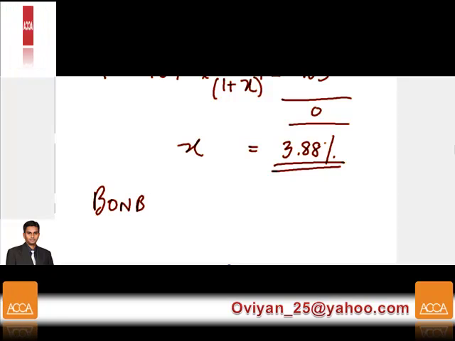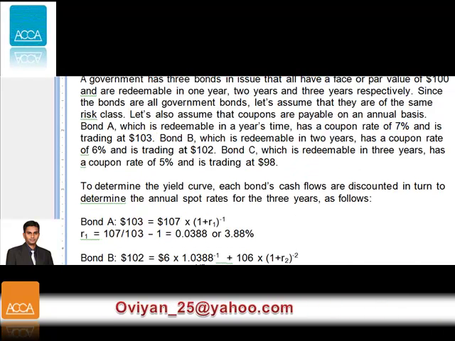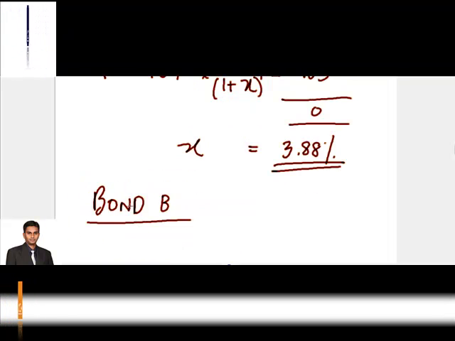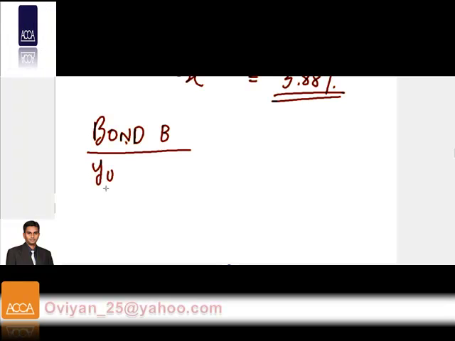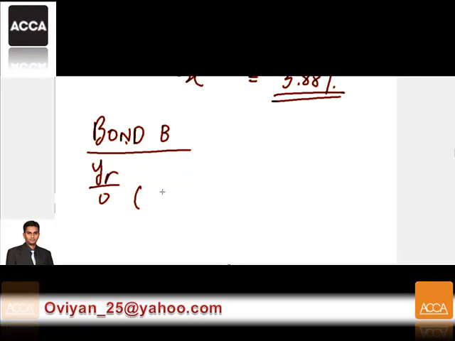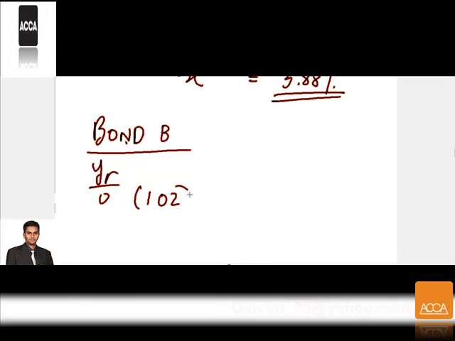Moving on, we're going to have bond B. Bond B has 2 years, its coupon rate is 6% and it's trading at 102. So what's going to happen is that in year 0, the price is going to be 102, shown as negative.